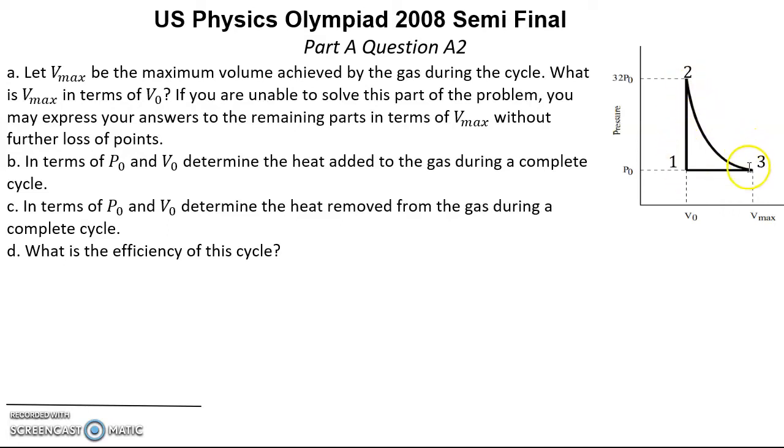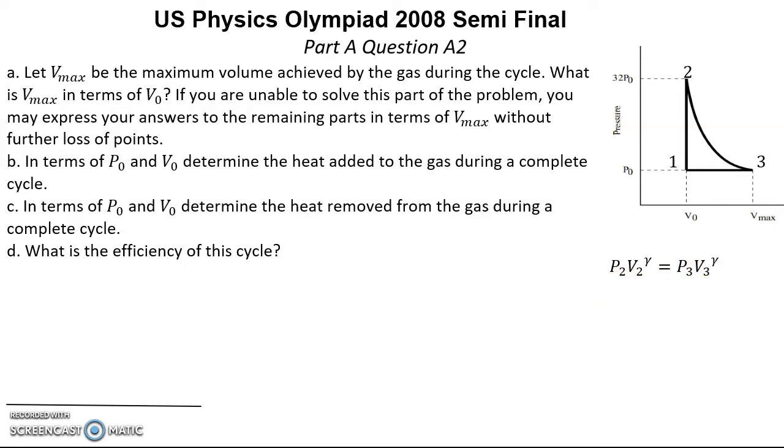The second process is without heat transfer from outside or inside, and we call this an adiabatic process. For this adiabatic process we have a formula, this one, where gamma is a constant for monatomic gas.